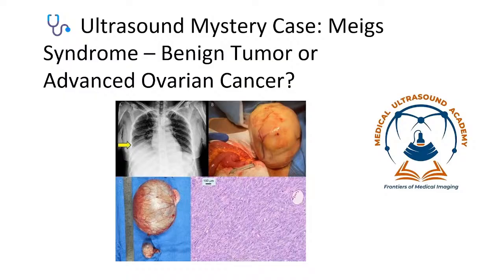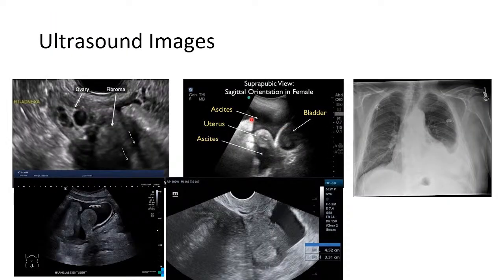So these are ultrasound images for the case in question. We have got an ovary here, then a tumor, there is a mass there, a fibroma here in the ovary, and you can see there is ascites around the uterus. That's the bladder there. That's the uterus and the ascites.